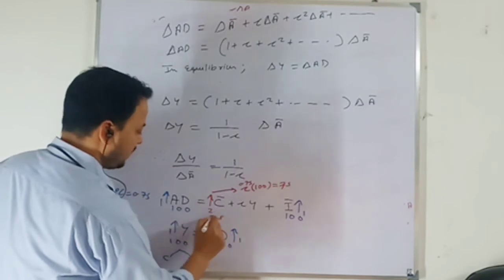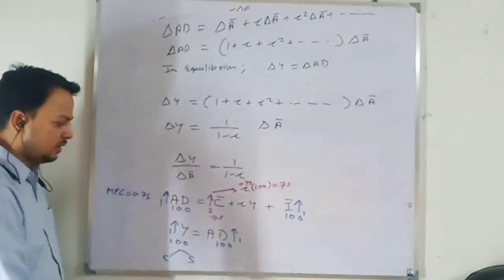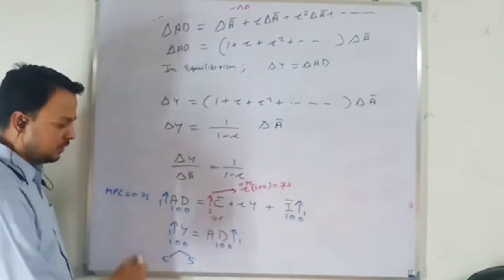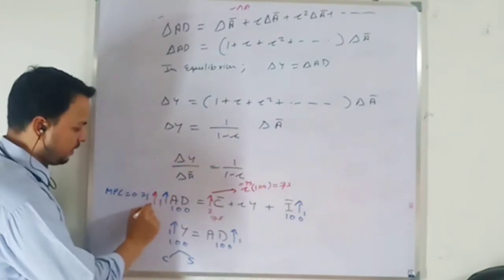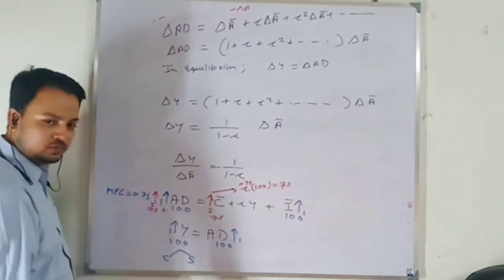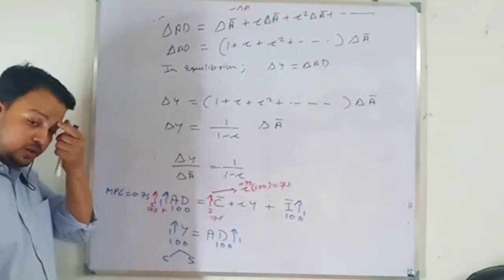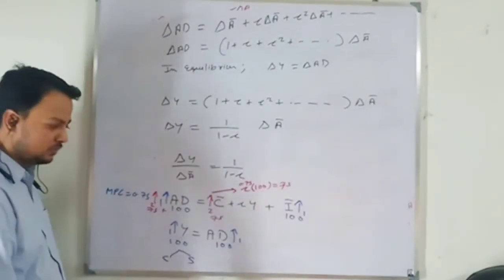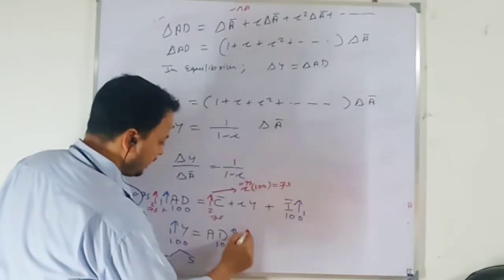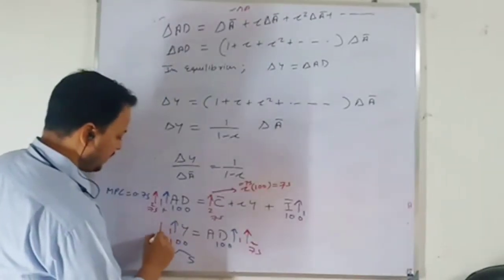In the second round, consumption will increase by 75. When consumption increases by 75, my aggregate demand will also increase by 75, so production will again increase by 75. Why? Because when aggregate demand increases by 75, your income will also increase.